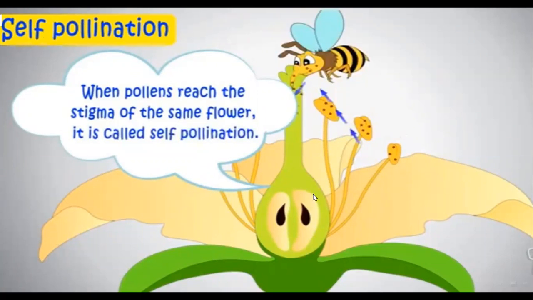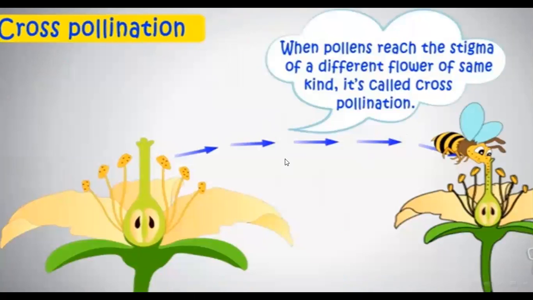What is self-pollination? When pollens reach the stigma of the same flower, it is called self-pollination. And the other one is cross-pollination.